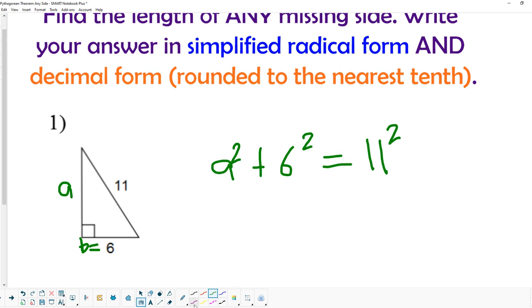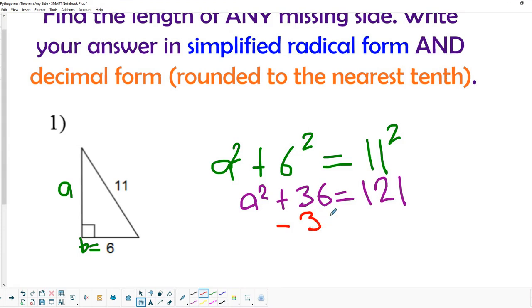Simplifying that a little bit, I've got a squared plus 36 equals 121. Now I'm going to subtract 36 from both sides. So 121 minus 36, okay?